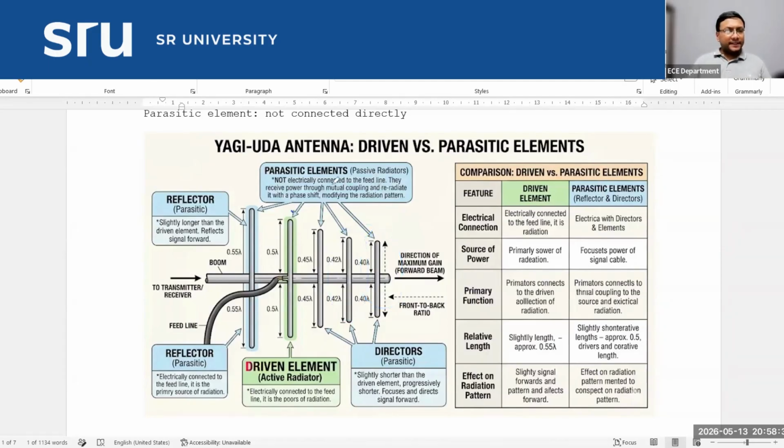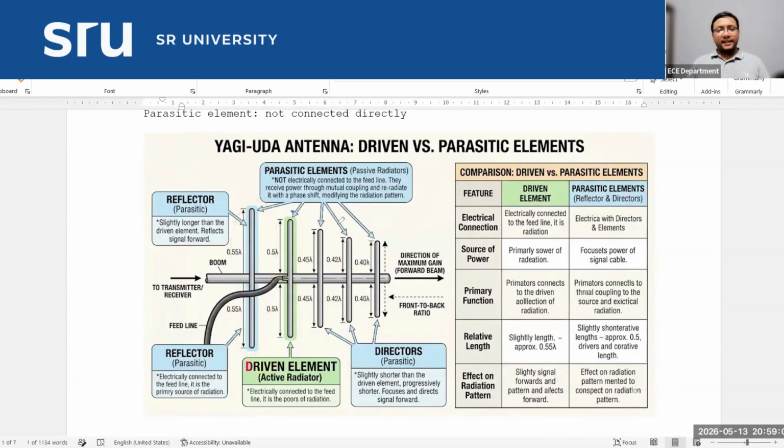This type of arrangement, going away from the radiating element, the dimension is getting reduced. But just behind this, this parasitic element is longer than this.